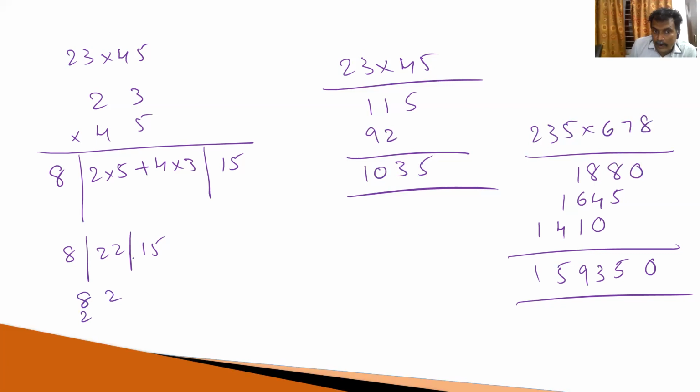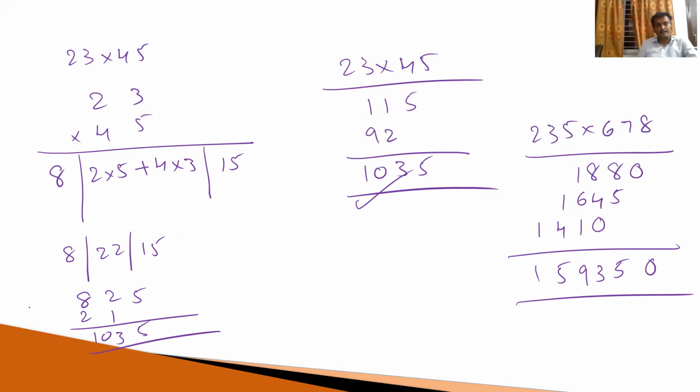And 15, 1 is in the tens place and 5 is in the unit place. So what is the answer? The answer is equal to 1035. But initially you need to know the step by step. After 4 or 5 problems, I will write down just the answer.